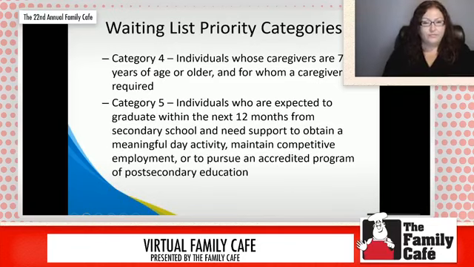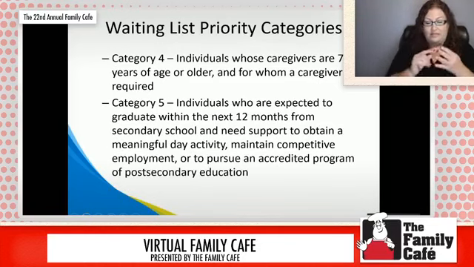Waiting list priority category 4 includes individuals whose caregivers are 70 years of age or older and for whom a caregiver is required. Waiting list priority category 5 includes individuals who are expected to graduate within the next 12 months from secondary or high school and need support to obtain a meaningful day activity, maintain competitive employment, or to pursue an accredited program of post-secondary education.